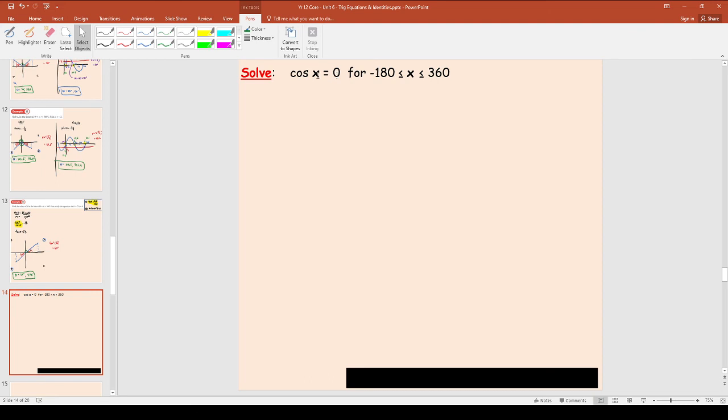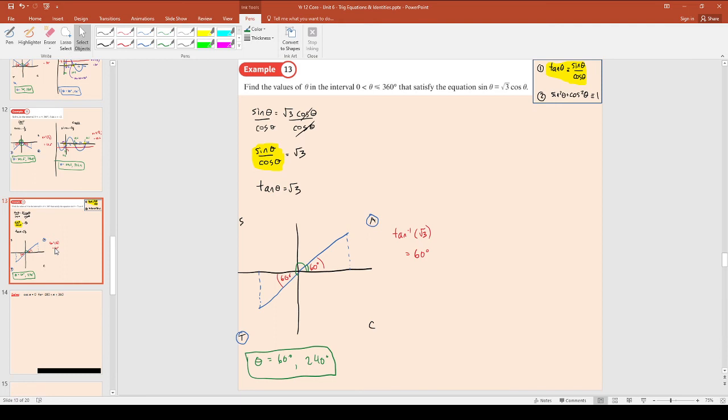At the extremes, CAST is confusing, because if you drew CAST out for one on the extreme, so equaling 0 or 1, 0 because that's where it hits the x-axis on the graph, 1 because that's the maximum that sine and cos can take, and minus 1 because that's the minimum that sine and cos can take. If you take any of those values, CAST is going to get confusing because the angle is going to come out at 90. And then if the angle comes out at 90, what are you supposed to do for your graph? Oh, it's ever so confusing.